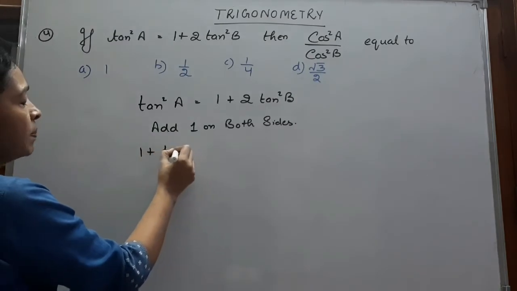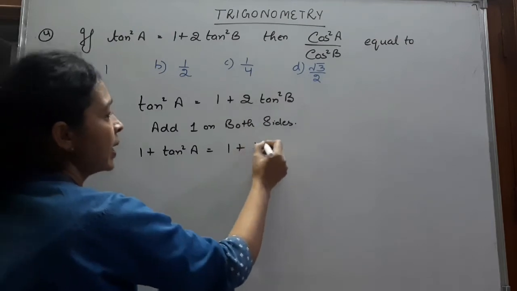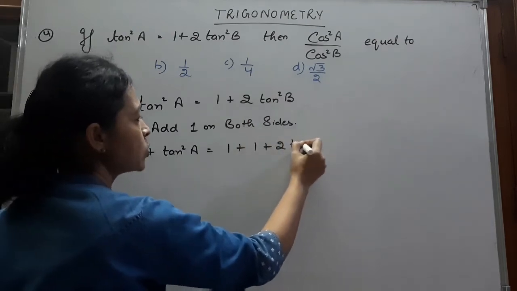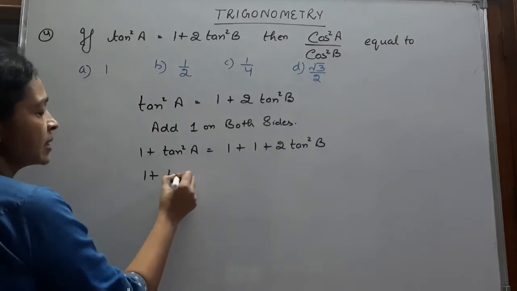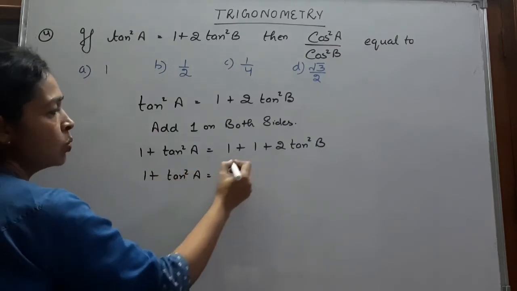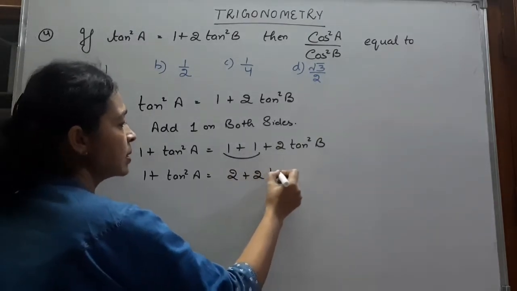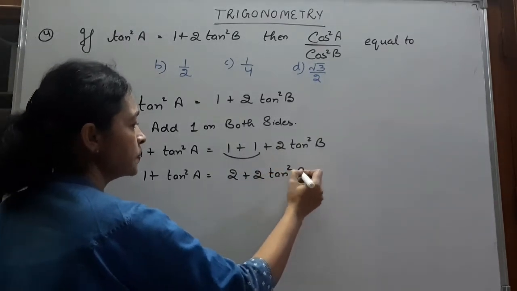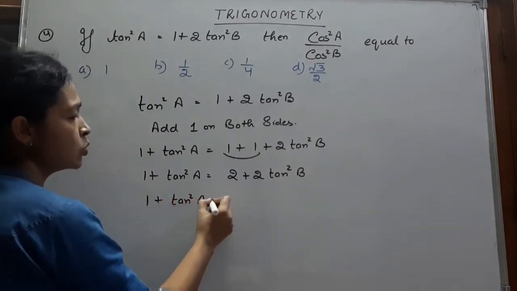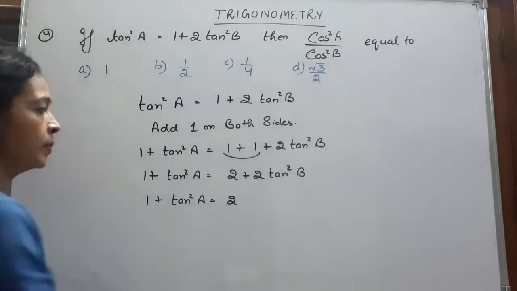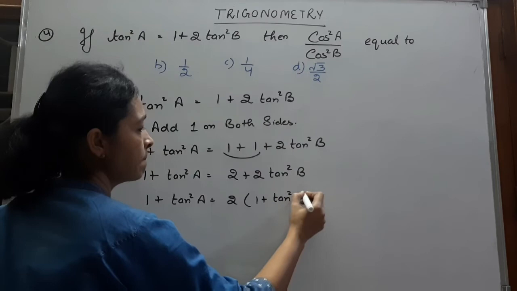We can write 1 plus tan square A equals to 1 plus 1 plus 2 tan square B. We have 1 plus tan square A equals to 1 plus 1, 2 plus 2 times tan square B. 1 plus tan square A equals to, take 2 common, what is left? 1 plus tan square B.